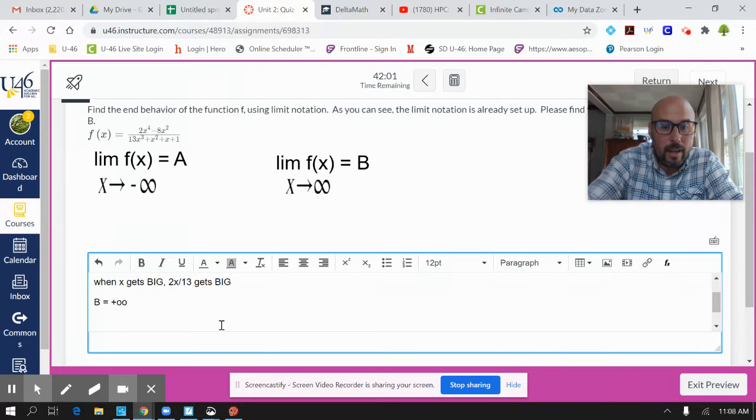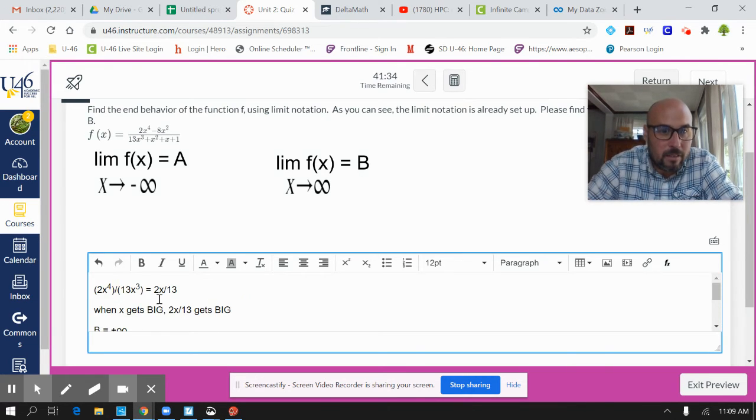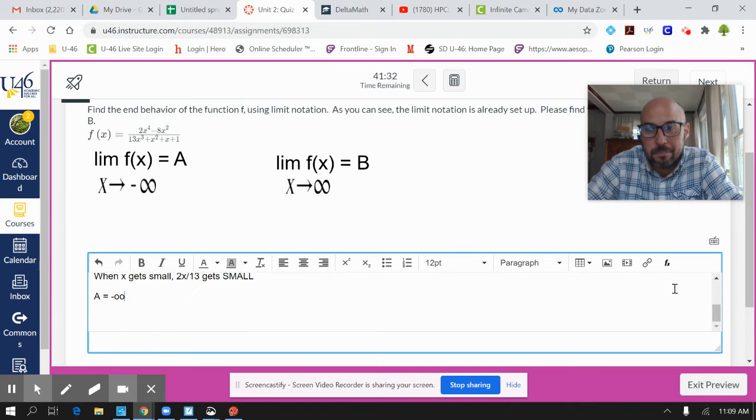And when x gets small, in other words, negative infinity, what happens to 2x divided by 13? 2 times negative a million divided by 13 is a negative number. In other words, a really small number. So a is negative infinity. So when x gets small, so does the y value. When x gets big, so does the y value. And it's justified by my work here.